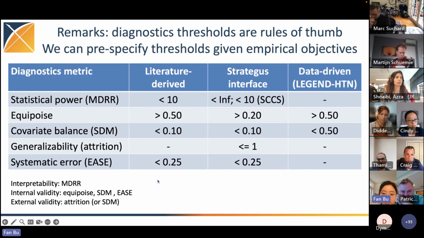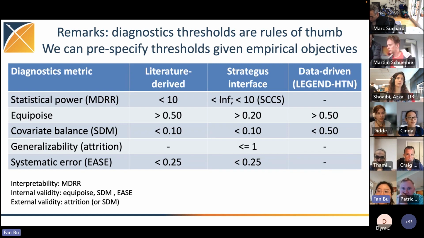The first set of thresholds is more like the rules of thumb used widely across the literature. The second set of thresholds is the set of rules implemented in our Strategus user interface. And the third set of rules, if you still remember Martijn's talk from last year's symposium, is what he proposed given empirical analysis of the LEGEND results.